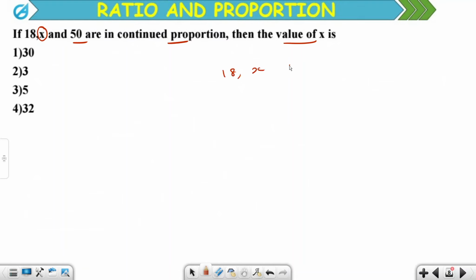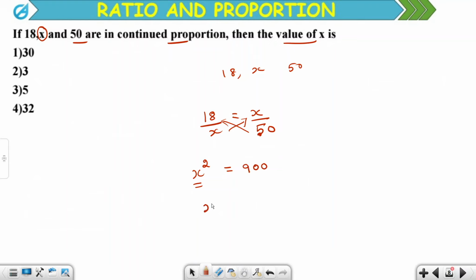18, x and 50. If they are giving the values in this format, write it like 18 by x is equal to x by 50. From this, if we cross multiply, we get x square is equal to 18 into 50. 18 into 50 is nothing but 900.